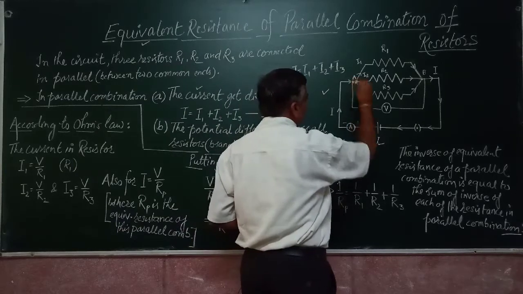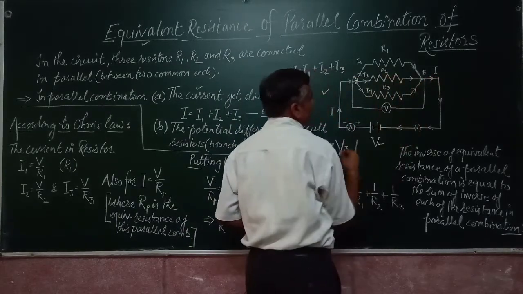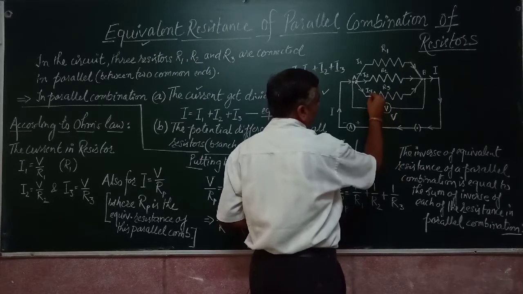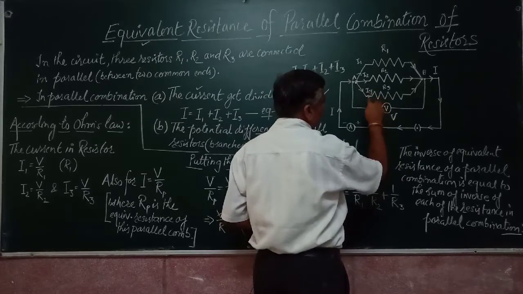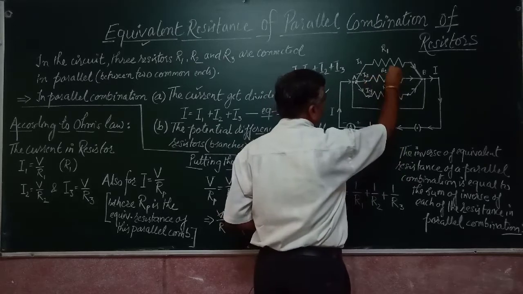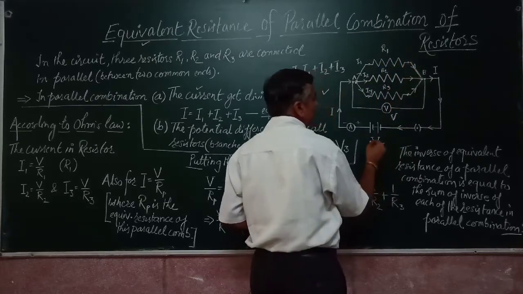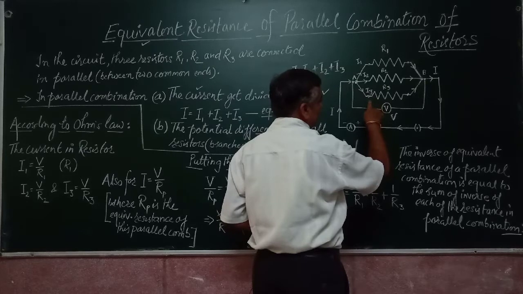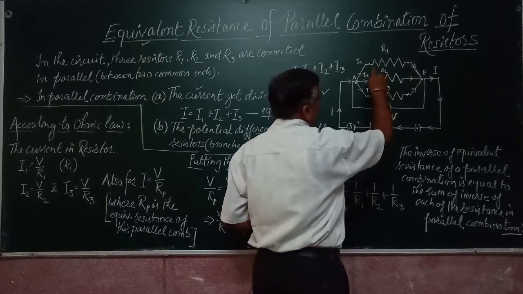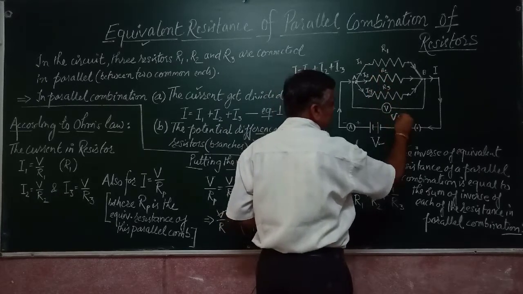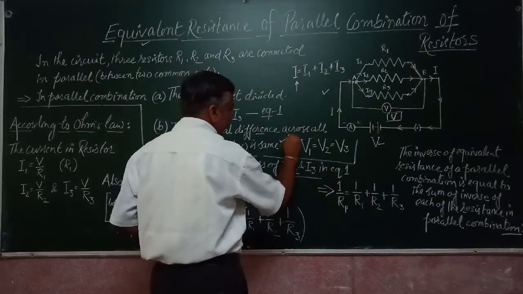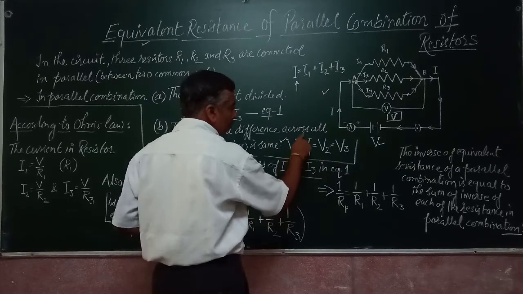We have connected a voltmeter across the parallel combination of three resistors, and it gives a reading of V. If we measure the potential drop when the current passes through R1, R2 and R3, we will observe that the potential drop is the same, that is V. So in a parallel combination, the potential difference remains the same across all the branches.